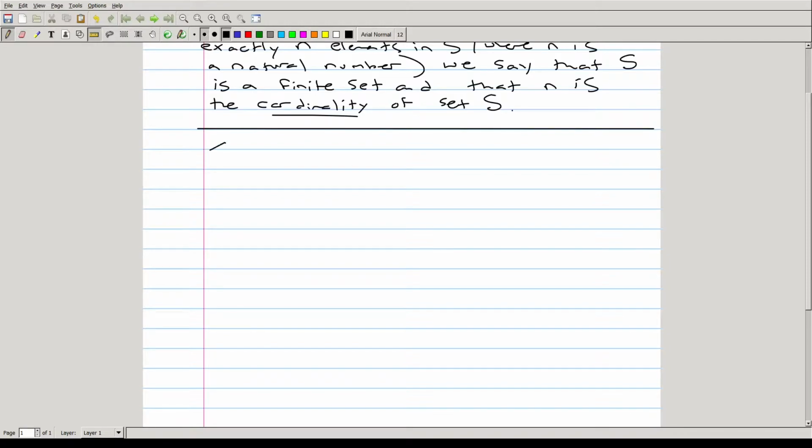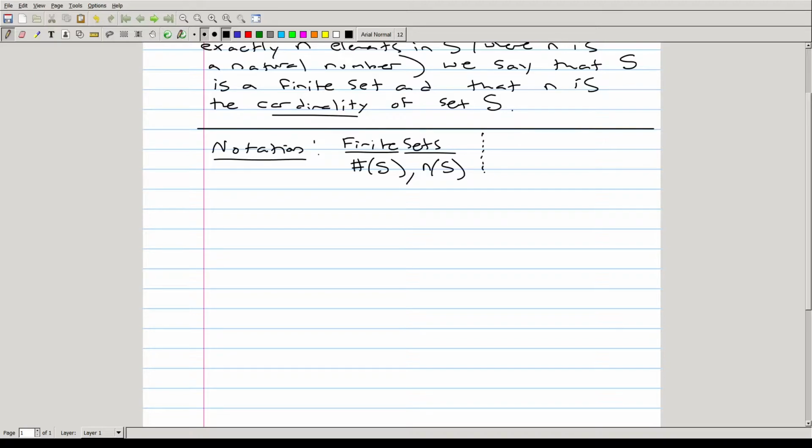So the notation here for finite sets, we typically use the number symbol, the pound sign, or a hashtag sign, and we draw the set to the right of that. So this means the number of elements in S. You could also define a function n, lowercase n, of S as well. These are both notations that are used for the cardinality of finite sets.